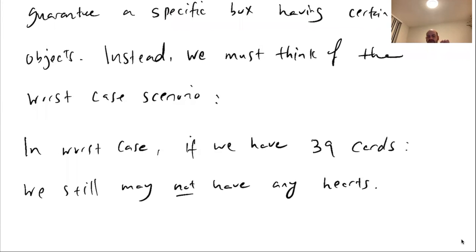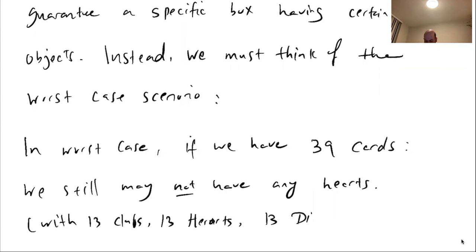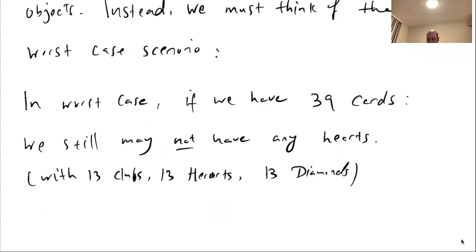Right? Remember, it's about having a guarantee, not about something being possible. Of course, if I have 39 cards, it's possible that I have 10 hearts, but I cannot have a guarantee, because in the worst case scenario, I can have 13 clubs, 13 spades, 13 diamonds. So with 39 cards, I can have no hearts at all.